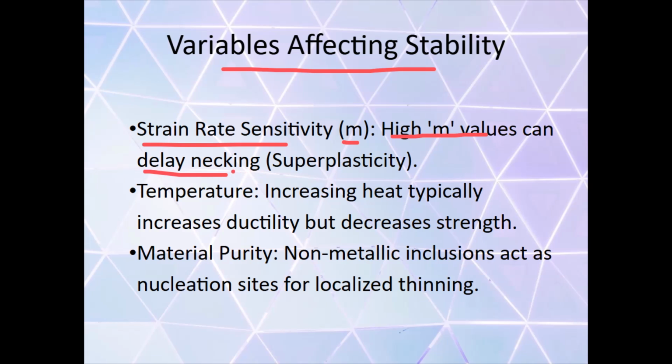When the strain rate sensitivity is high, necking is delayed, which means the material can withstand some deformation even at high strain rate. This is called superplasticity, in which necking is delayed due to a high value of m, and also temperature.